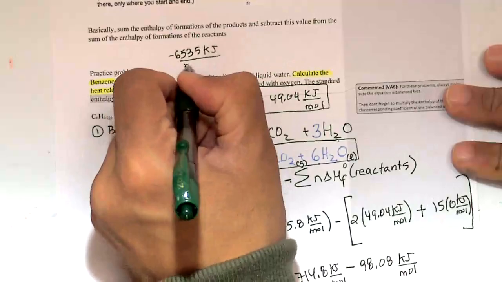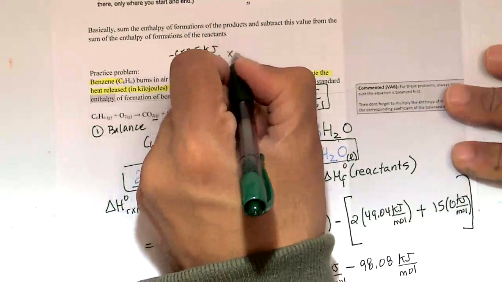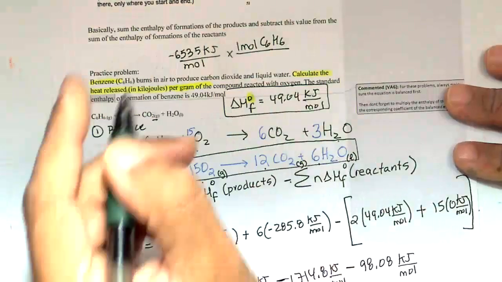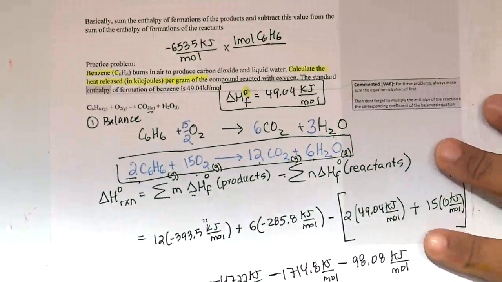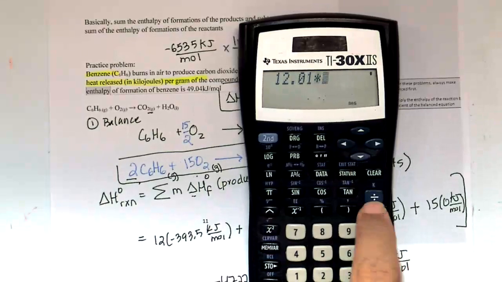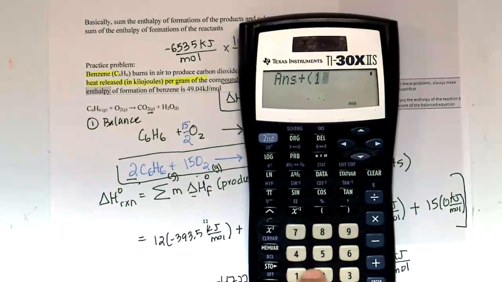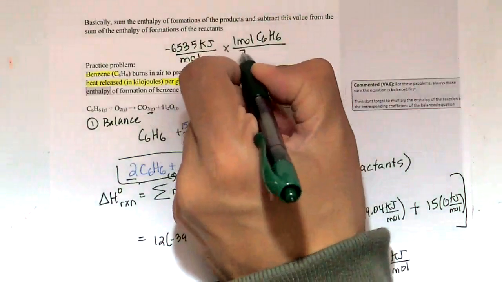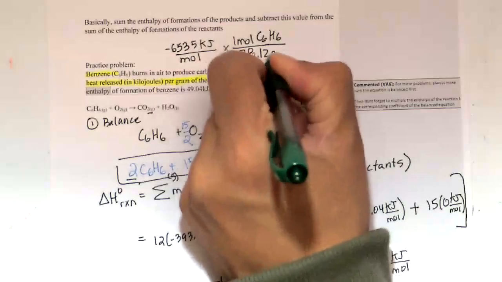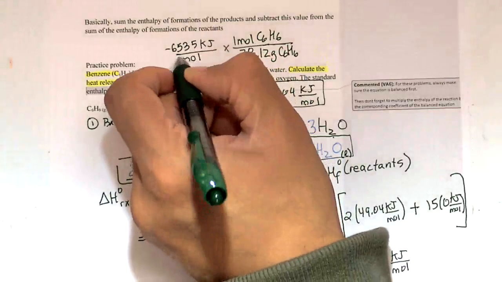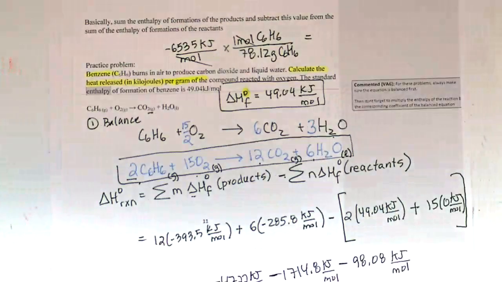So per gram of benzene, we'll take minus 6,535 kilojoules per mole. And 1 mole of benzene is how many grams of benzene? 12.01 times 6 plus 1.01 times 6, 78.12. The moles cancel.